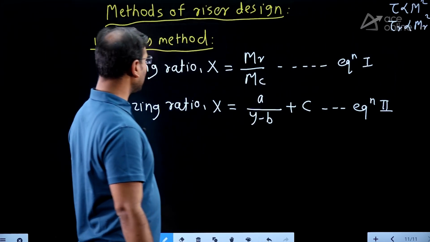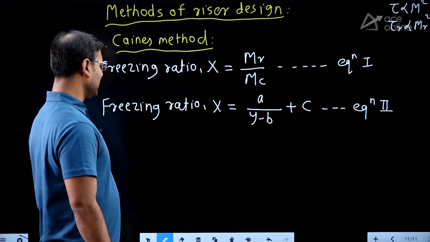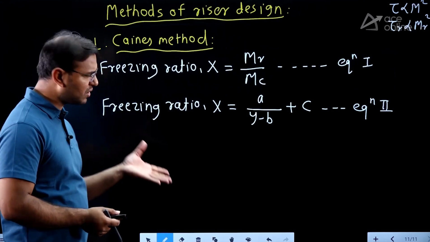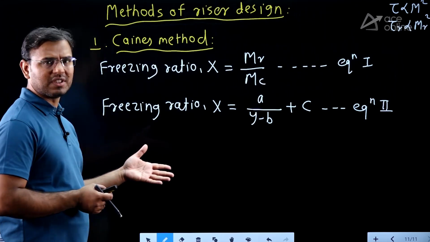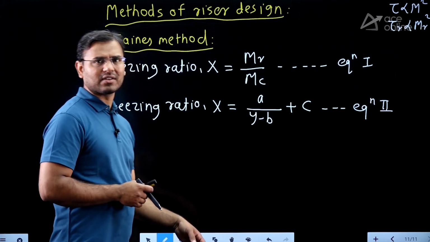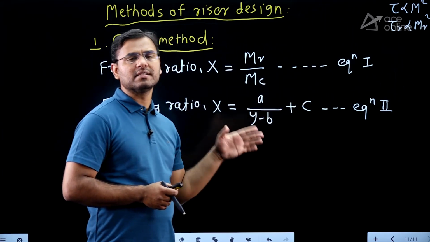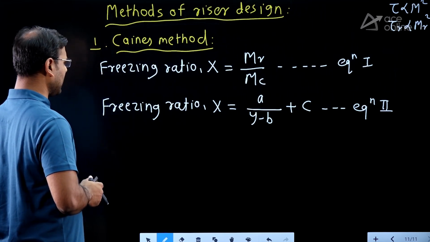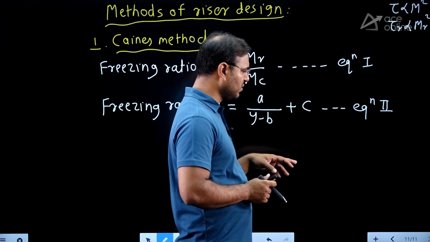There is no numerical on that in the exam, and guys, in most places we use the plus sign only, though some people use the minus sign because they believe there is no change in the answer. But always go with the plus sign, plus is more correct as compared to minus. These values a, b, c are very small, therefore with either plus or minus there will be no change in the answer, so no need to worry, but go with the plus. a divided by y minus b, here plus c we have to use.